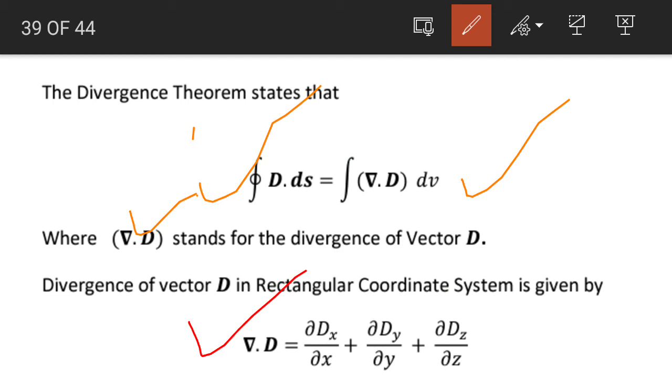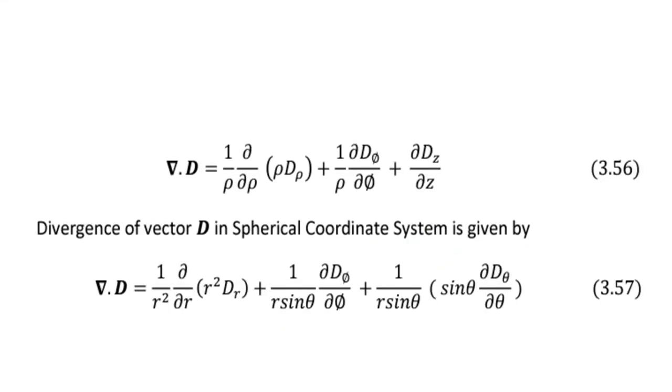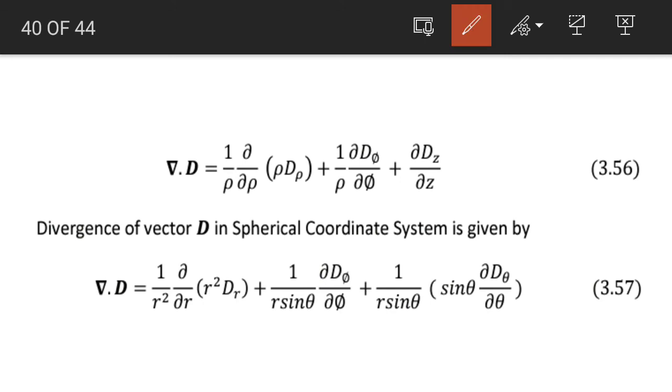We partially differentiate the x component with respect to x, plus we partially differentiate the y component with respect to y, plus we partially differentiate the z component with respect to z. This is how we calculate the divergence of a vector quantity in the cylindrical coordinate system.